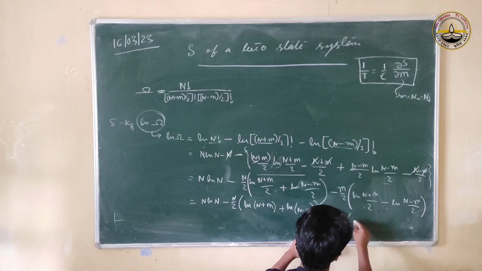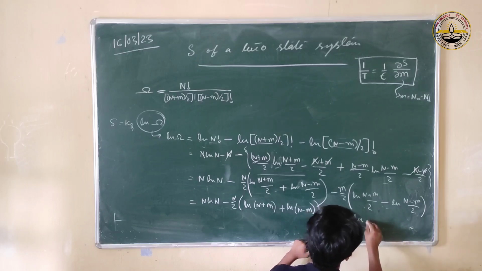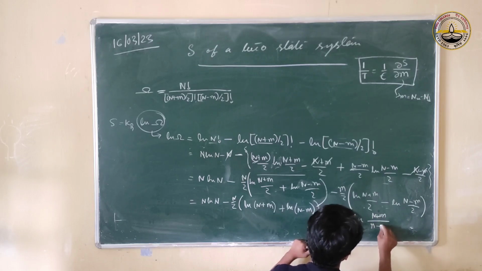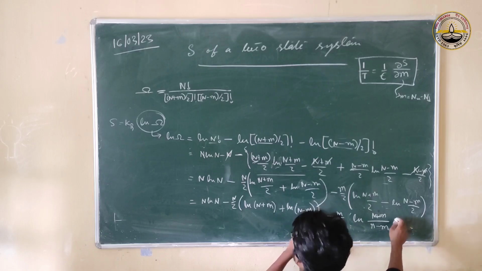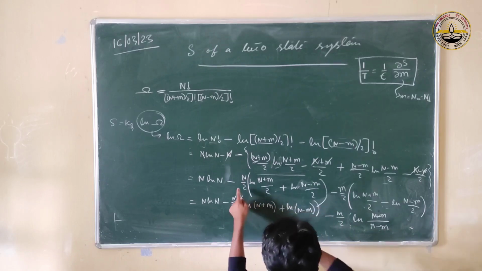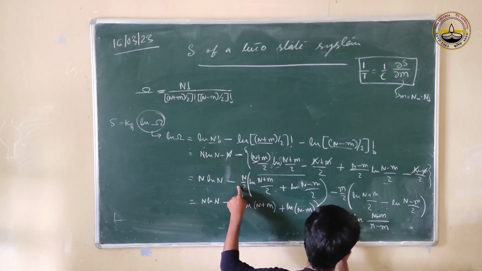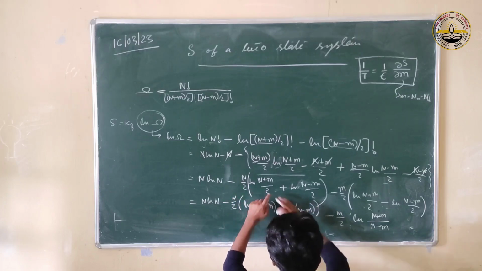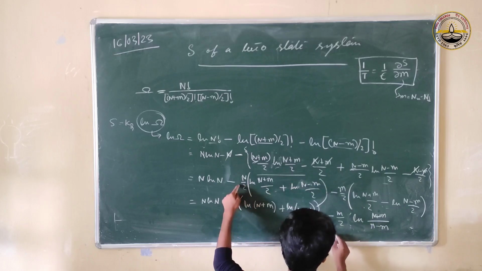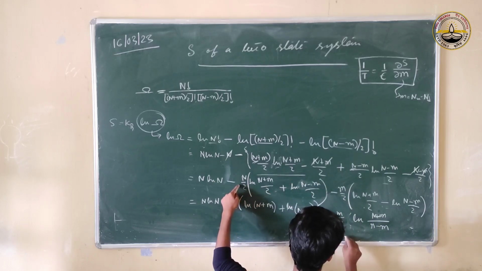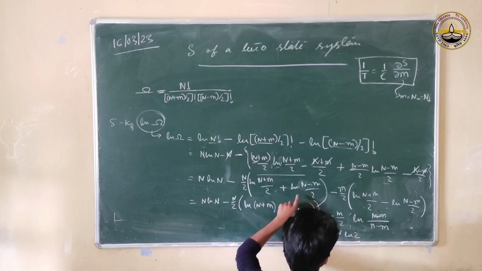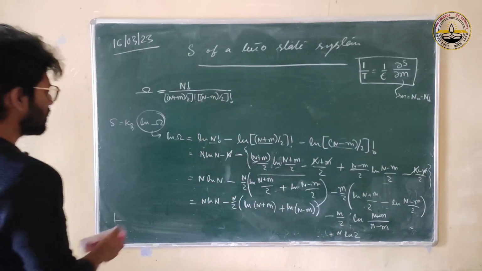So this we can just take as ln this by this, so plus m by n minus m, right? And then here we have minus n by 2 log of half, so that becomes log of 2. So just n by 2 log of 2, and again another one from here, so 2 goes away, and log 2.